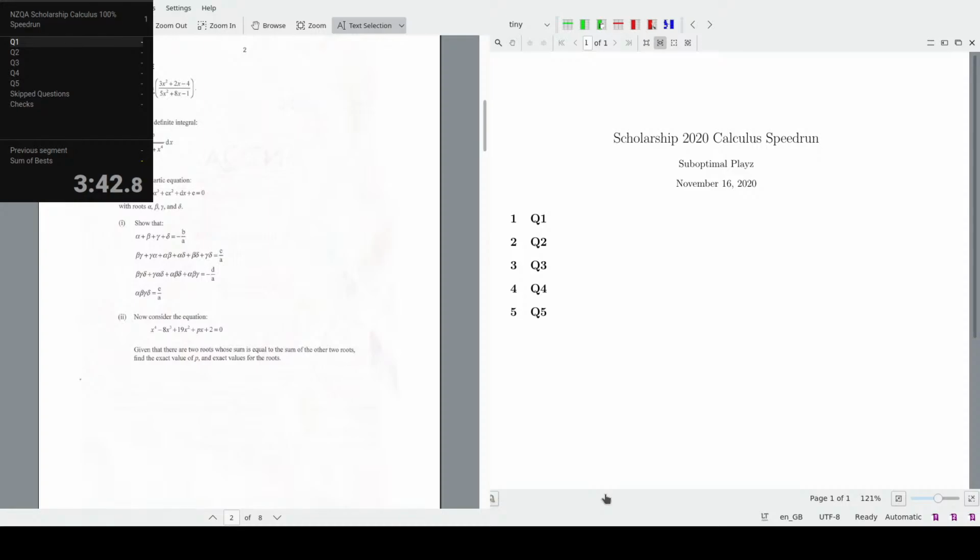Oh, see, this is just like Vieta's formula, right?